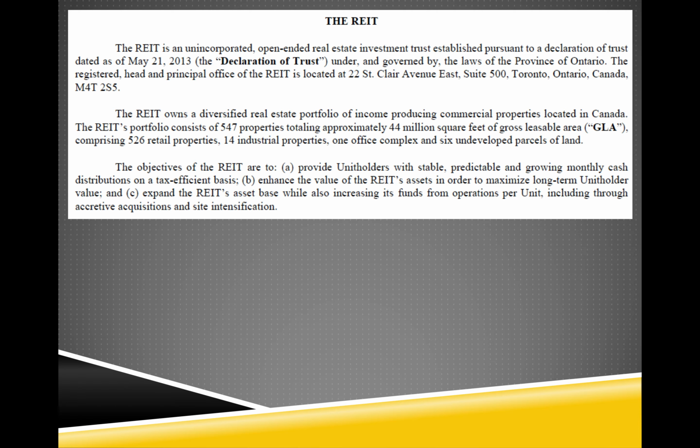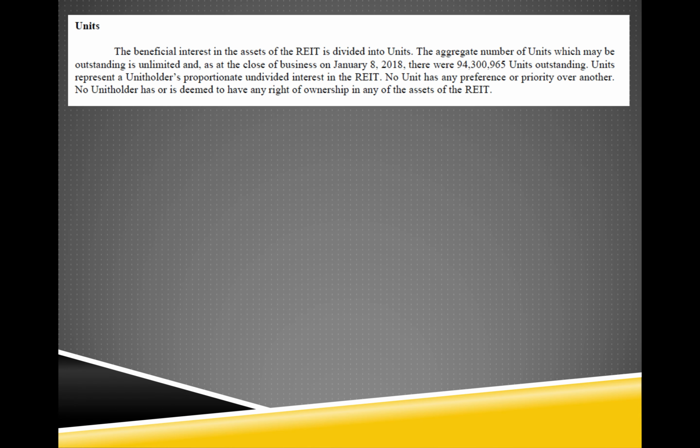And basically, this just goes and says what is the form of a REIT? It's actually a trust agreement. And this REIT has already been operating. It owns 547 properties, commercial properties all around Canada and the like. And the laws of Canada relating to the REITs are very similar to the laws here in the United States. The beneficial interest of the REITs are basically divided into units, so you invest in units.